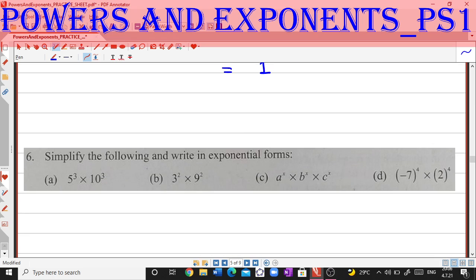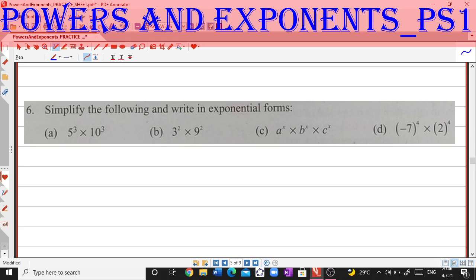Now the next question, sixth one. It is simplify the following and write in exponential form. So let's do it. You know that here the bases are different but powers are same. So we have to apply here another rule, which is equal to a to the power m multiplied by b to the power m.